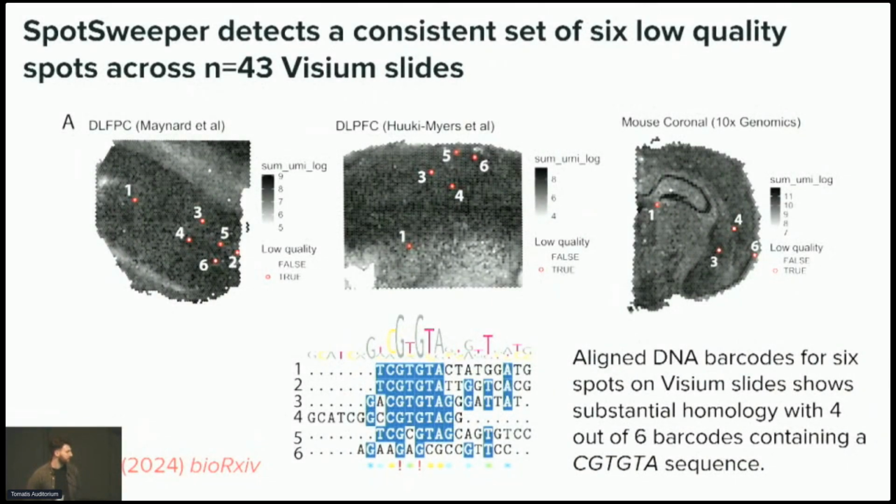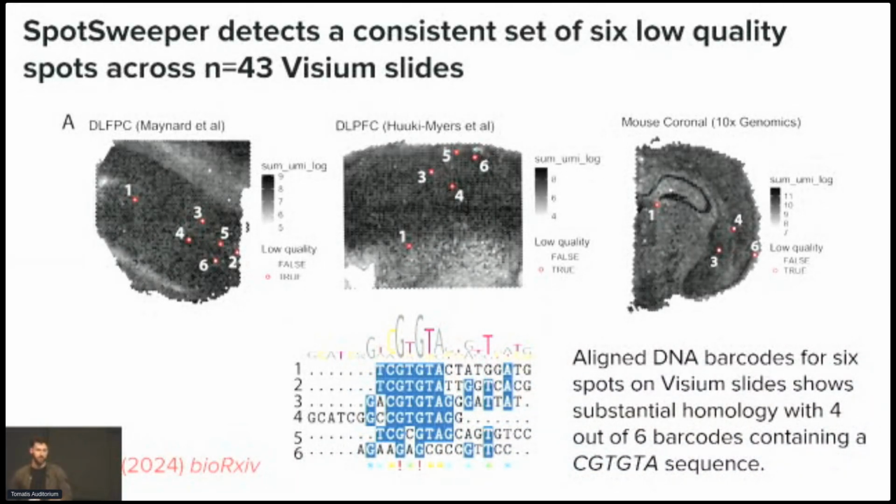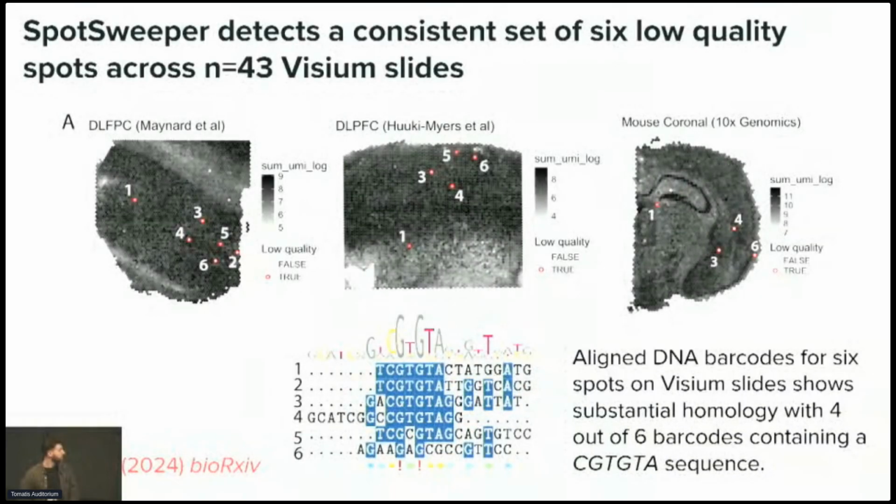And so we speculate that this DNA barcode is based on previous data and previous work. We're speculating that these synthetic DNA barcodes in these spots are actually driving downstream PCR bias, and these are essentially systematically bad spots within the Visium capture areas.